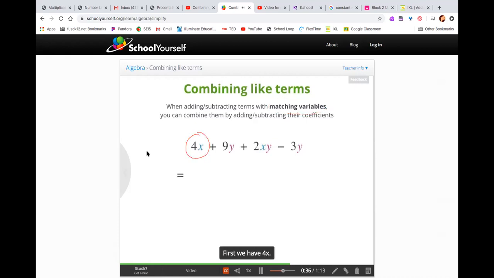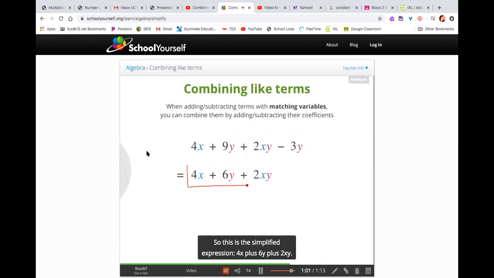First, we have 4x. Any other terms with just an x? No. 9y. Any other terms with just a y? Yes, we're subtracting 3y. So 9y minus 3y equals 6y. And then 2 times x times y. Any other terms with an x and a y? No. So this is the simplified expression: 4x plus 6y plus 2xy.